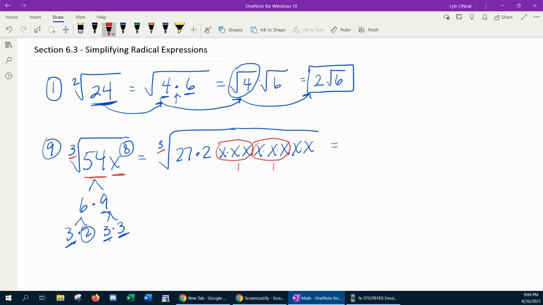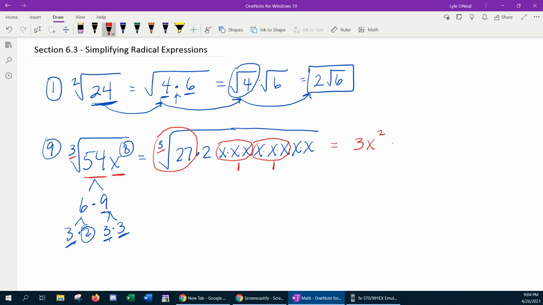So then to break this down, we can do the cube root of 27, which is 3, and I had 2 groups of x's, 2 groups of 3, so that means that I can bring out 2 x's. x times x brings out x squared.